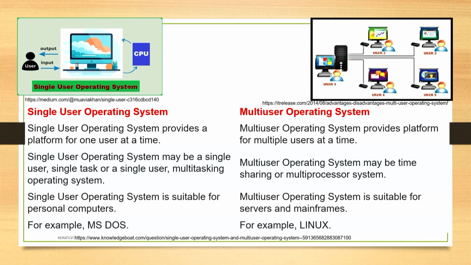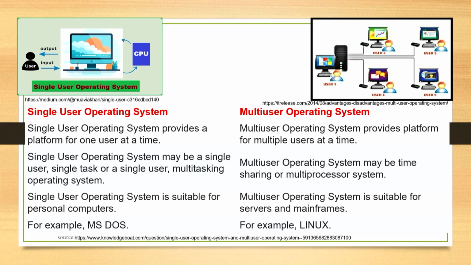That is, what is the difference between the single user operating system and multi-user operating system? From the figure itself, you see that in the case of a single user, there is only a single user who is using the computer. Whereas multi-user means more than one user is attached to the system.